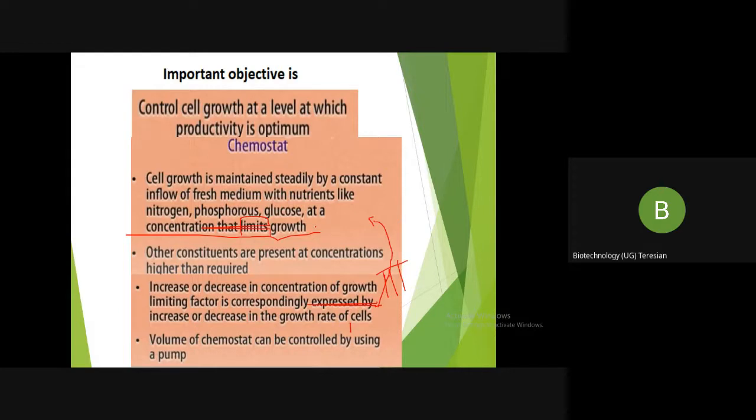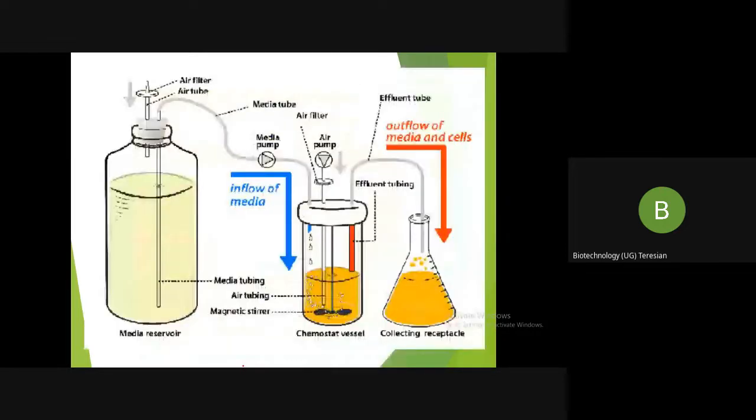By limiting the nutrients, you can increase or decrease the nutrients. By doing so, you are directly increasing or decreasing the growth rate of the cells, and that can be controlled by yourself. Whoever the person is in that fermenter, he can control it. So this is the chemostat.